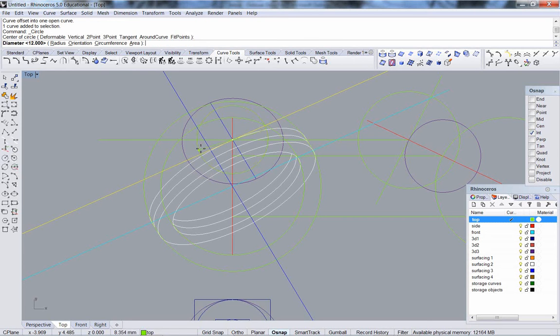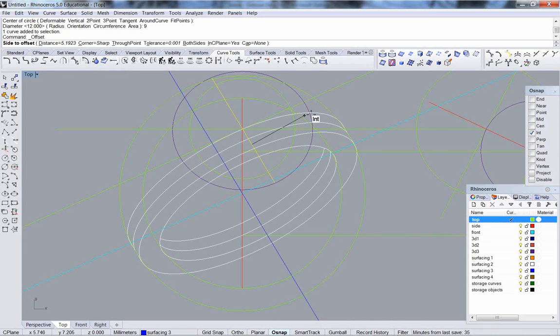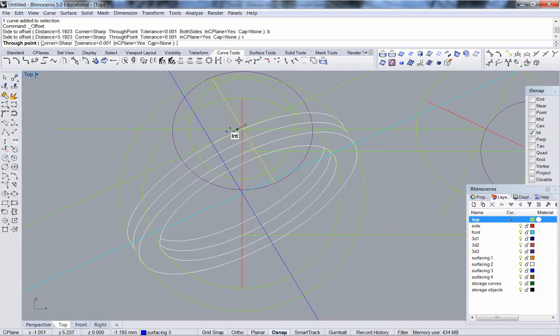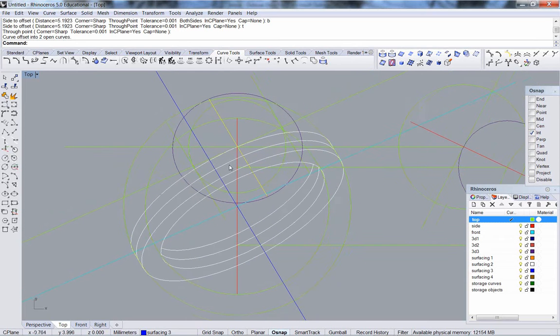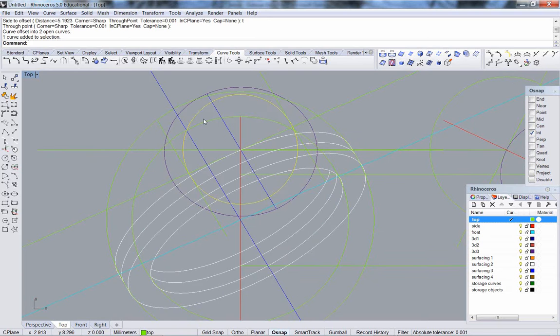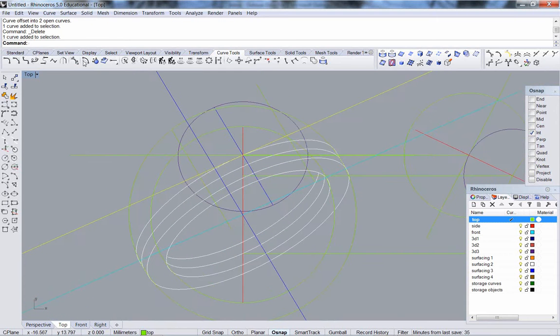It is not a foreshortened distance. And I can offset this curve, both sides, to intersect, and that would allow me to have a square, or a rectangle I should say, in which to draw my pear shape.